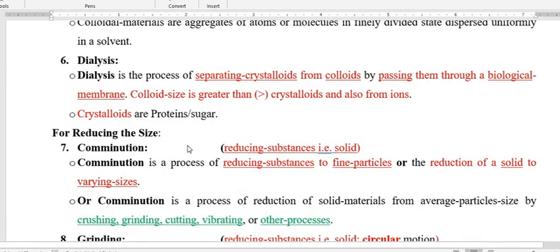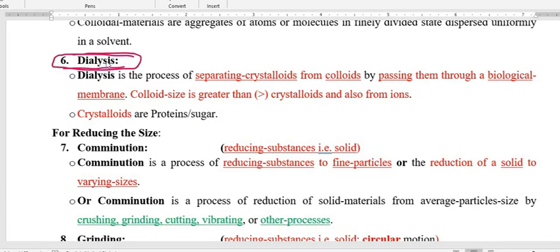Next is dialysis. I think most of us are aware of this terminology, because in kidney problems, human patients go through the dialysis process. So what is this? It is the process in which the crystalloid is separated from the colloid by passing it through a biological membrane.